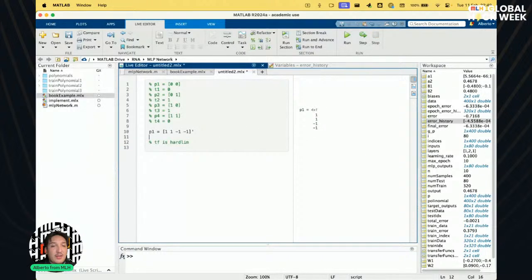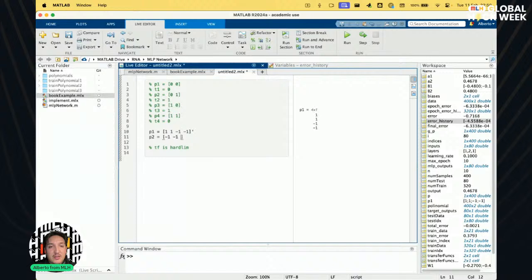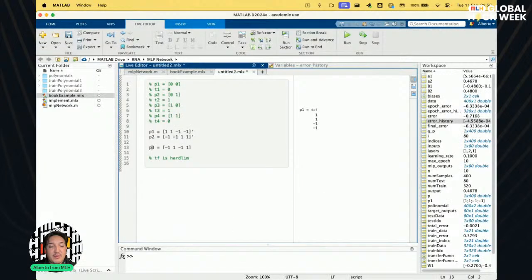P2 is going to be minus 1, minus 1, 1, 1. P3 is going to be minus 1, 1, minus 1, 1. Oh no, this is P4. And P3 is going to be the opposite, 1, minus 1, 1, minus 1.